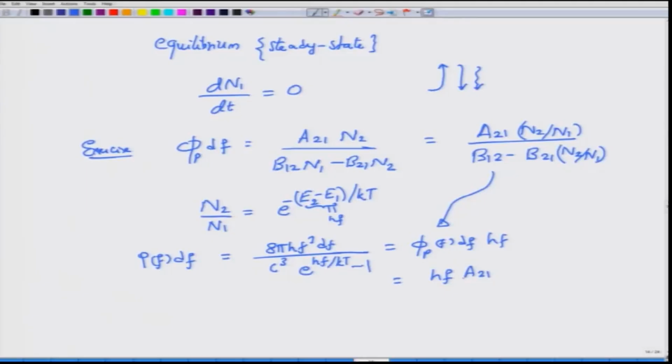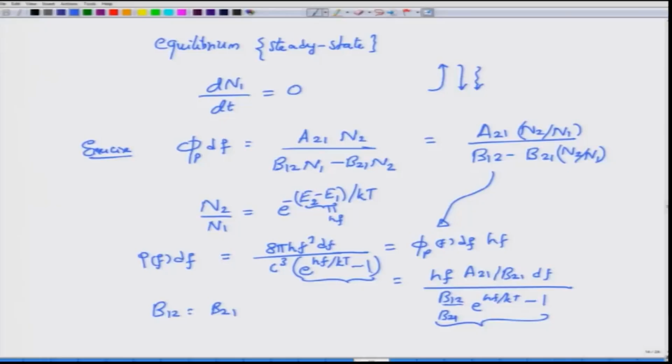So, you have hf A21 by B21 df divided by B12 by B21 e to the power hf by kt minus 1. You can see that these two are essentially the same, so equate the two terms, and what you will see is that B12 will be equal to B21, because you look at the denominator here.